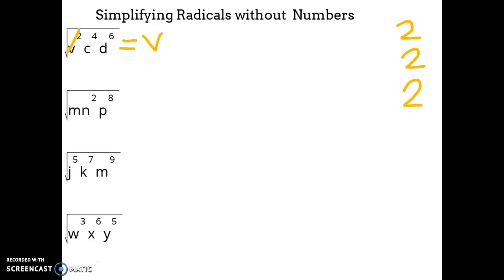How many sets of 2's are in c to the 4th? There are 2 sets of 2's for c to the 4th, so you'll have c squared that comes out. How many sets of 2's does d to the 6th power have?